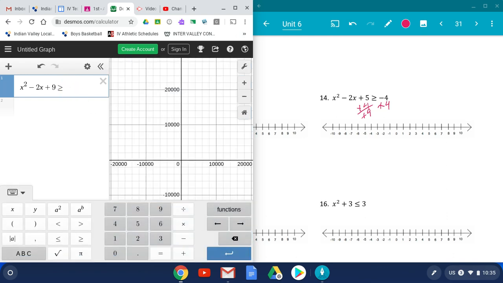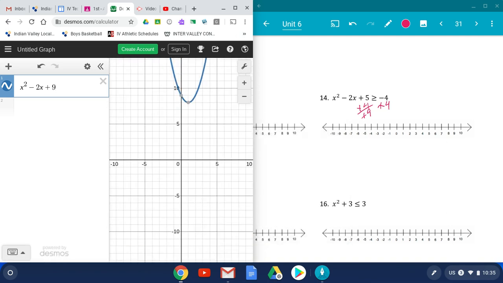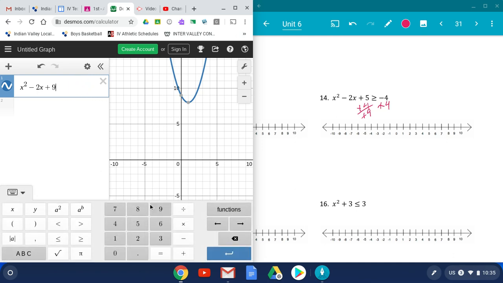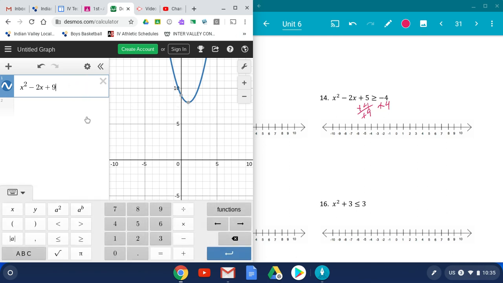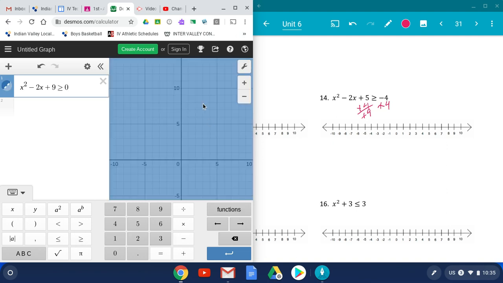I want to show you what happens here. That one doesn't cross either. But if I put the y in there instead of the 0, look at that. So that all is shaded. Therefore, we're going to call this infinitely many solutions.